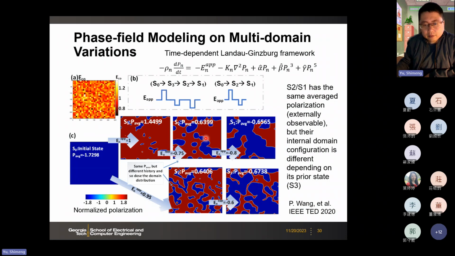The reason is that the internal configuration is different. Even though externally they have similar polarization, internally the pattern is different. So they have different internal states. This is the reason that we cannot trace the switching in this minor loop.